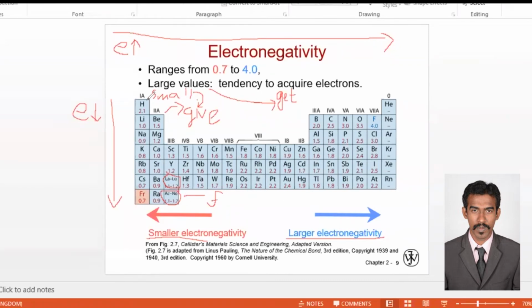Already 18 columns are there: 2 here, 10 here, and 6 here. If you write these 14 also here, the number of columns would be 32, which would be so big. So we take them out and write them at the bottom of the table separately. These are radioactive elements, difficult to find in nature, and they are all in the F block.